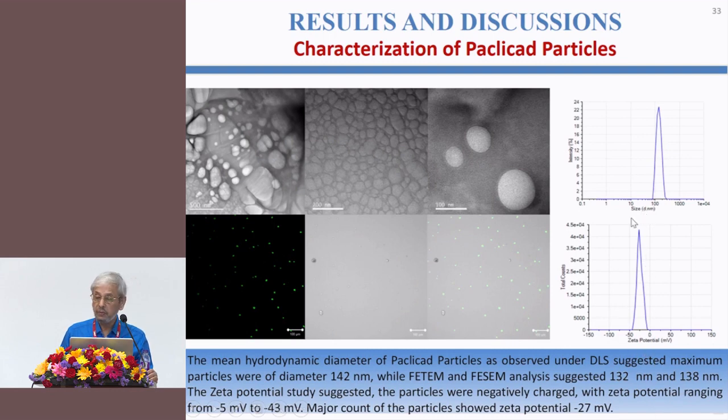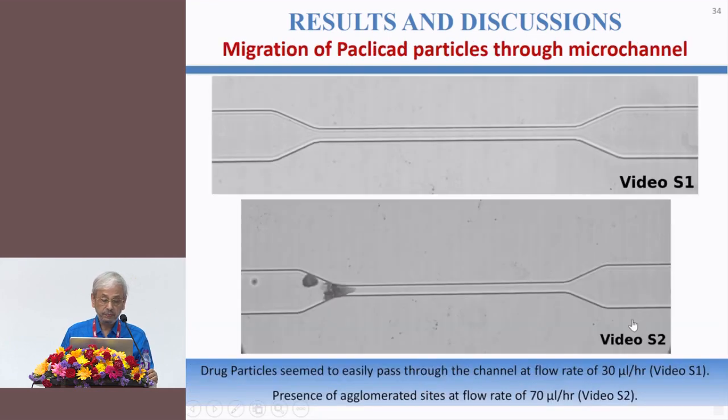The zeta potential was measured. You can see average zeta potential varies from -5 to -43 millivolt. Here we can see a peak at -27 millivolt.